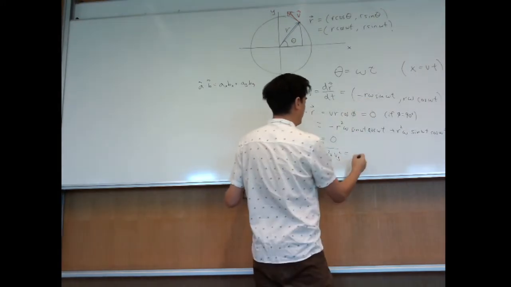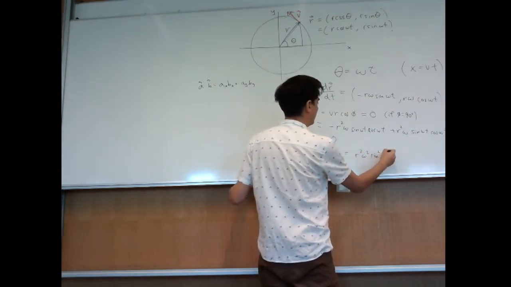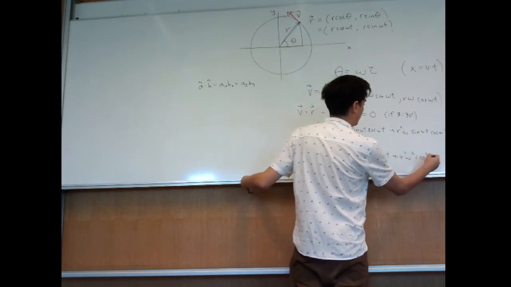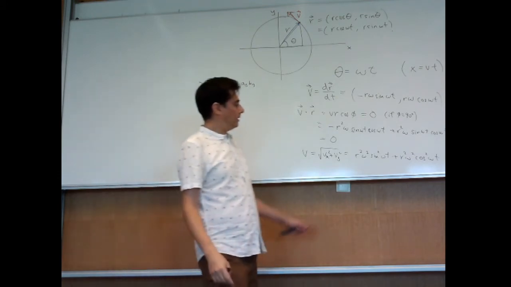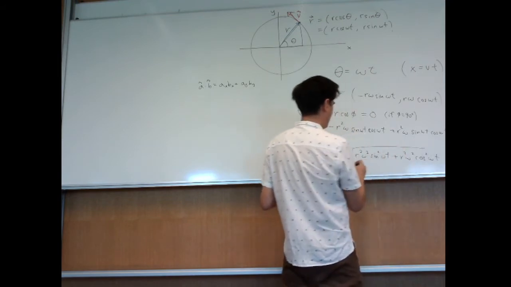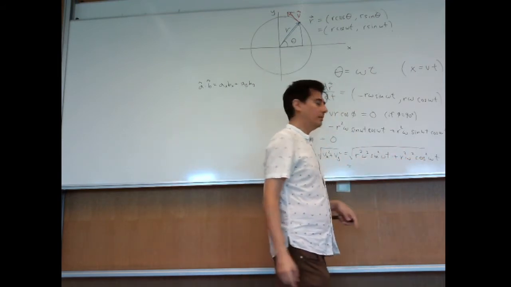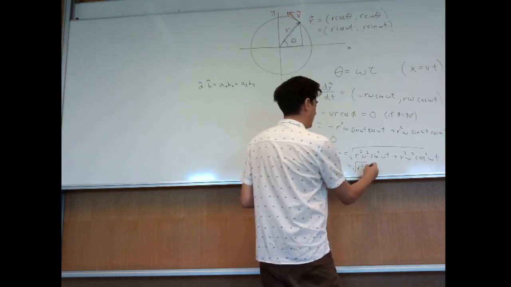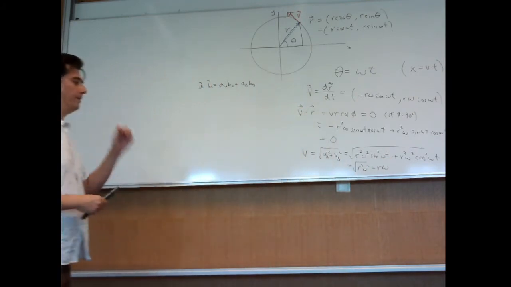So that's r squared omega squared sine squared omega t plus r squared omega squared cosine squared omega t. And then sine squared plus cosine squared is 1. So it's r omega.